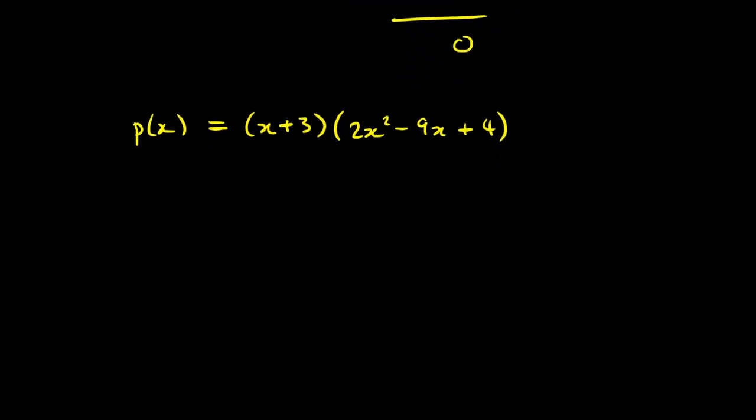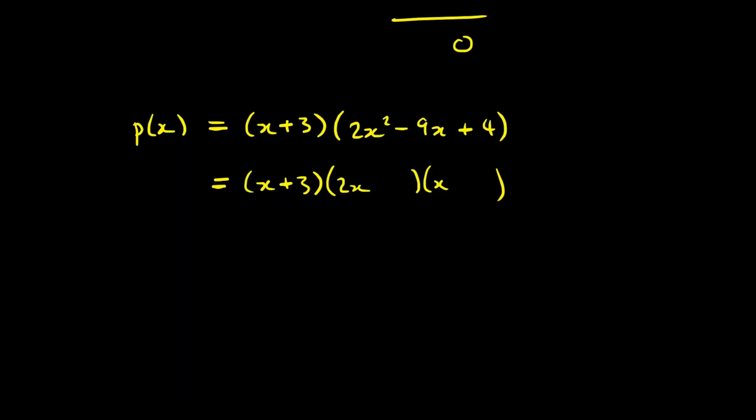So we've now got this quadratic factor, and we should probably try to factorize that. We're going to have a 2x term here and an x term here, and we're looking for two numbers that multiply together to give positive 4 and combine in such a way that we get negative 9.